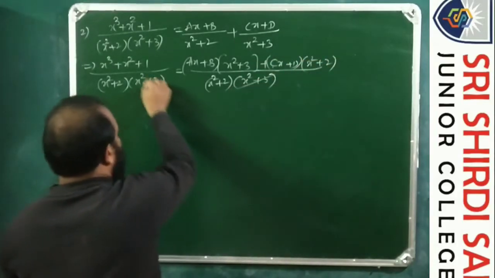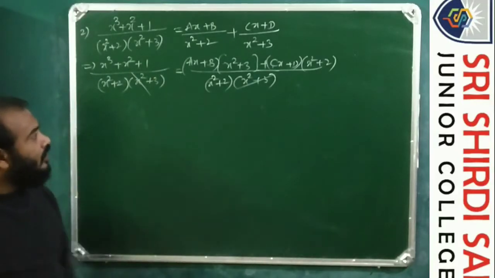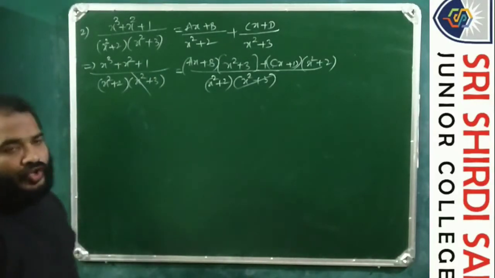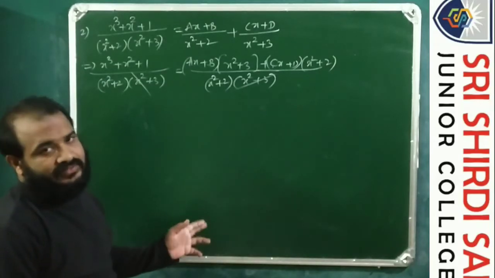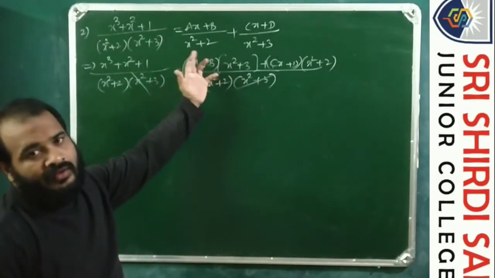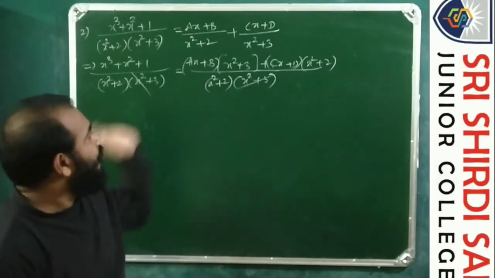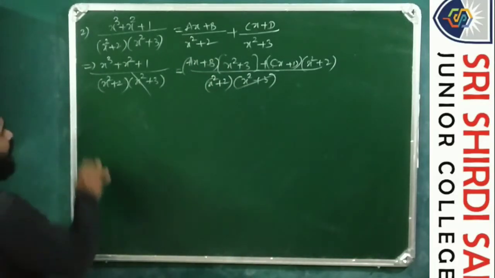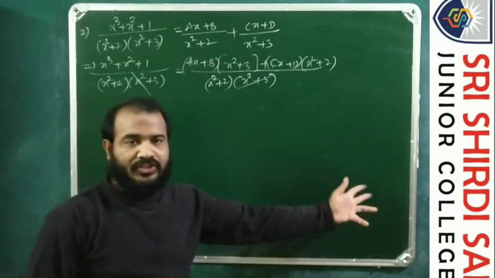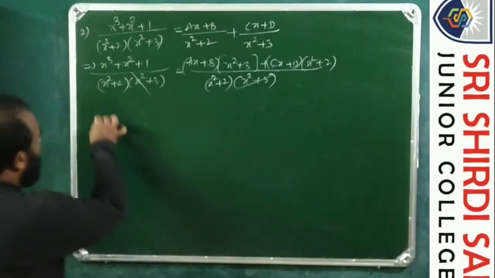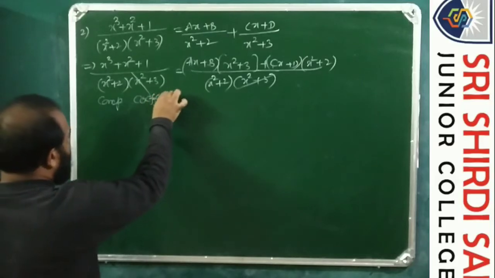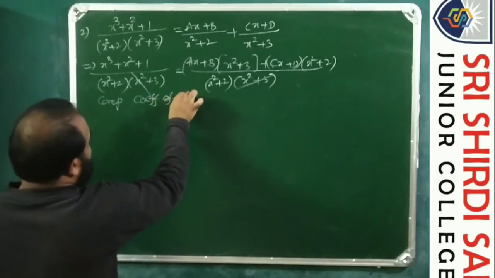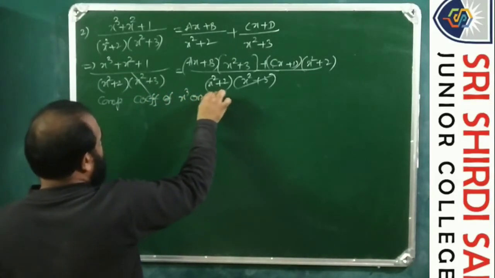So the denominator on both sides gets cancelled. So we cannot substitute a value for x because we don't have any linear factors. Now all that we need to do is compare coefficients on both sides. So comparing coefficients of x cube on both sides.